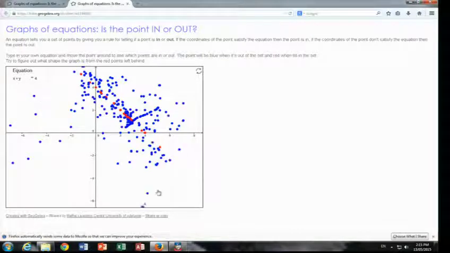Let's see, none of those seem to. Well, it looks like the points that do satisfy that equation all form a straight line. Interesting. And that's the idea of an equation.